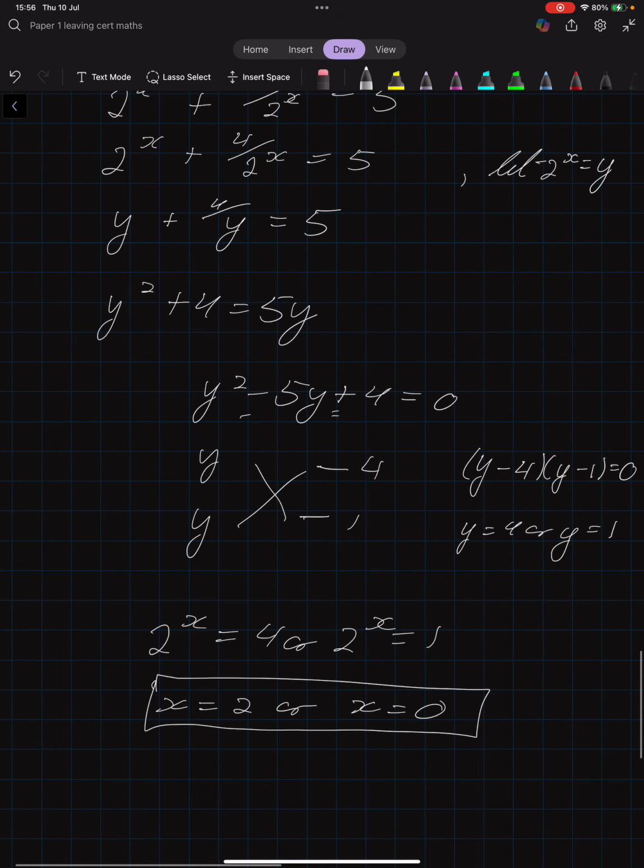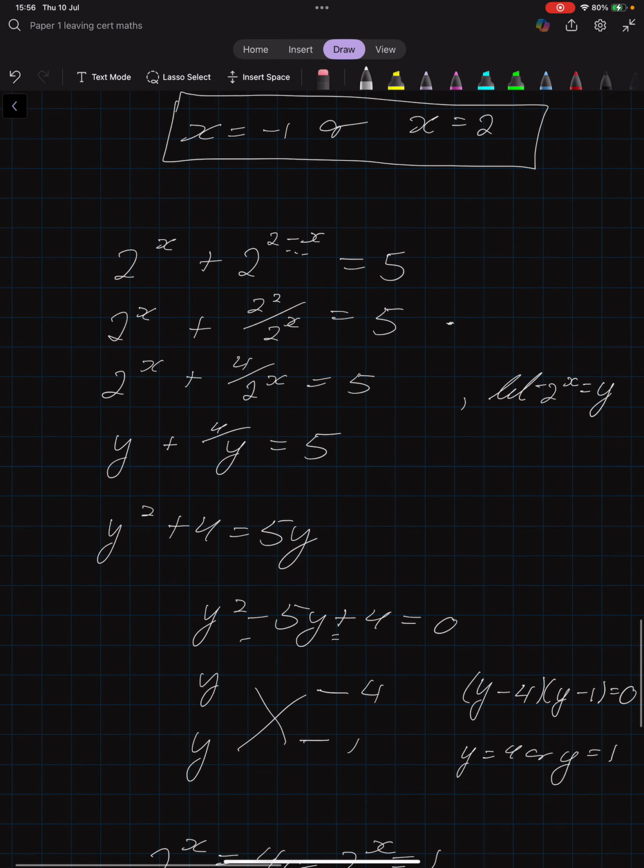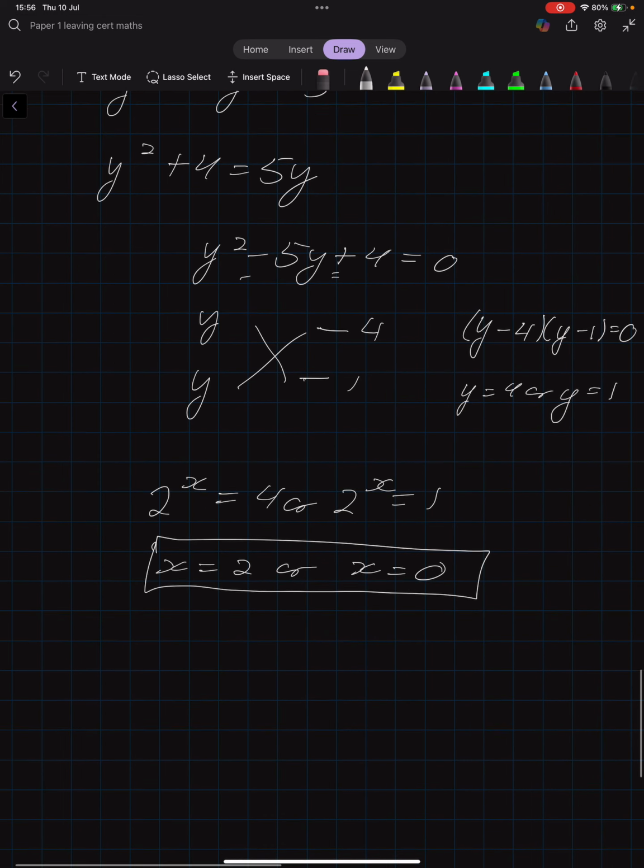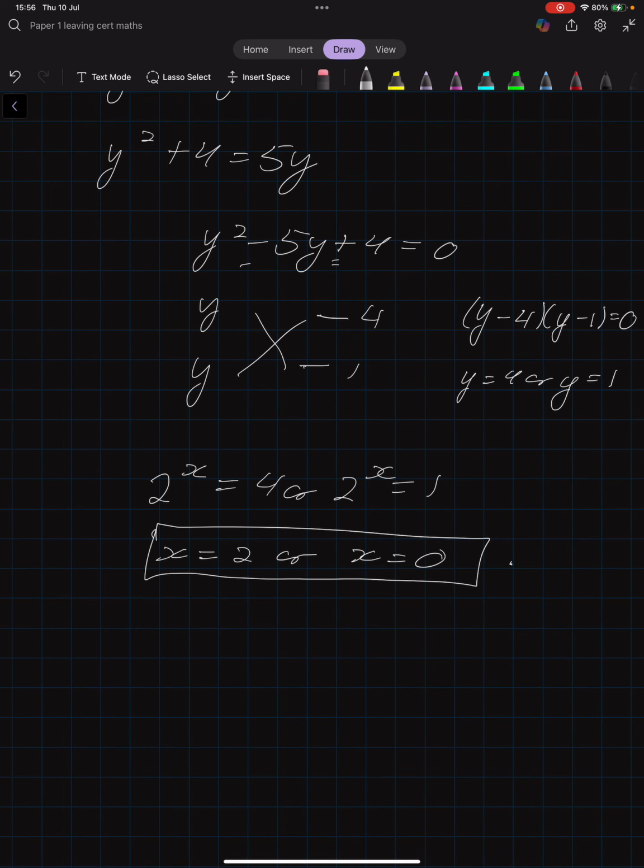Now, whenever you have to multiply by something to the power of x, like here where you had to multiply by 2 to the power of x, just be careful that both of these are solutions, okay? In this case, they are, but they mightn't be. You might get one that isn't a solution, like 2 to the power of x has to be equal to minus 5. That can never be true, because 2 to the power of x is always greater than 0.